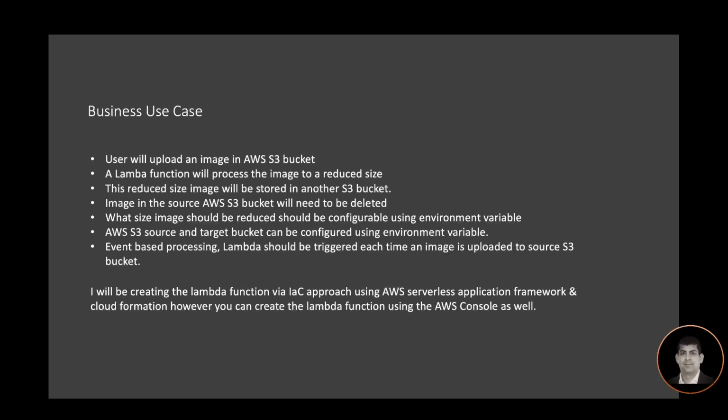What size the image should be reduced to should be configurable using an environment variable. The AWS S3 source and target buckets can be configured using environment variables. For event-based processing, Lambda should be triggered each time an image is uploaded to the source S3 bucket.